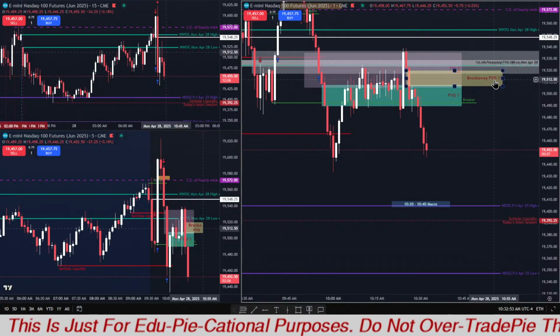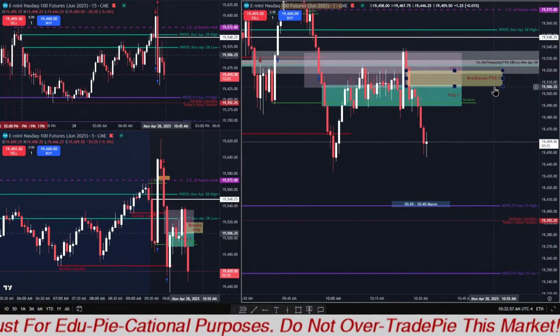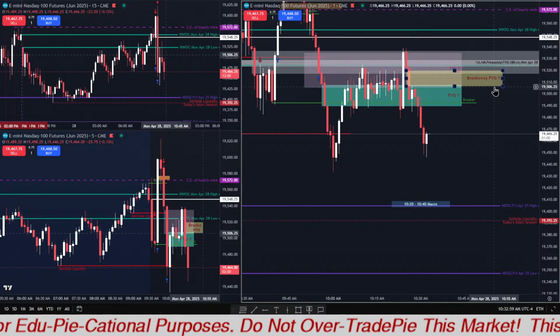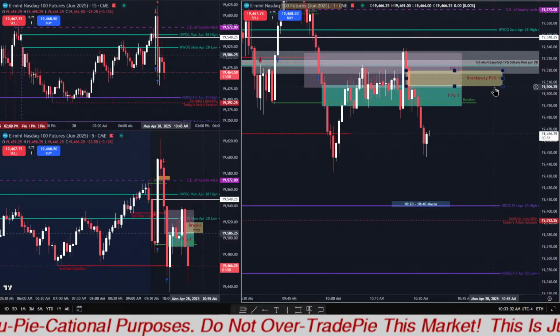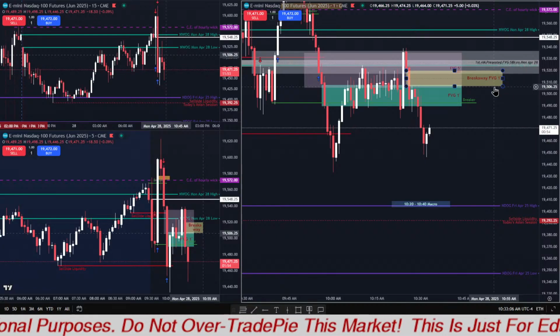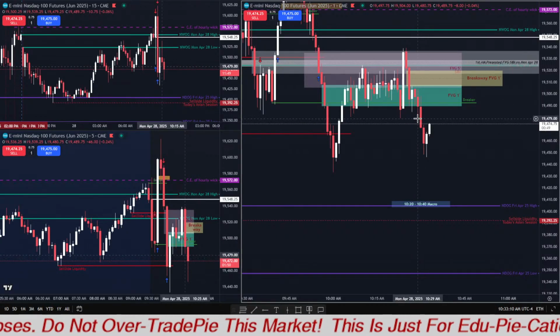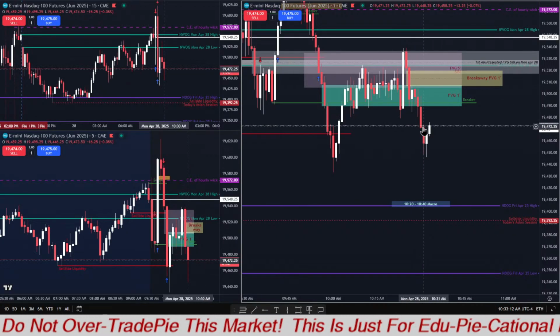This means we are not expecting this gap being traded into. I just tapped the CB over here.